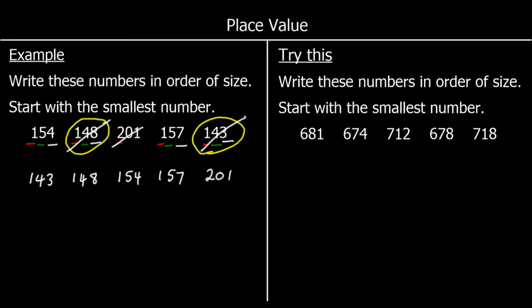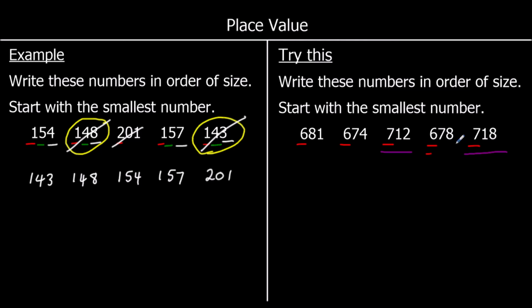So again, we're going to start with the hundreds. So we've got 600, 600, 700, 600, 700. So the two numbers with 7 in the hundreds are bigger than the numbers with 6 in the hundreds. So our two biggest numbers are 712 and 718.